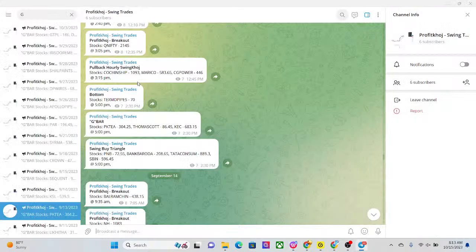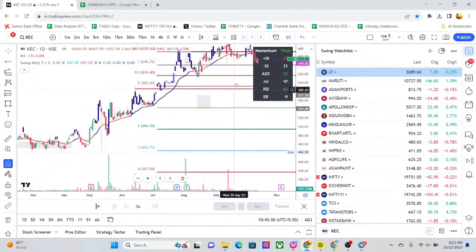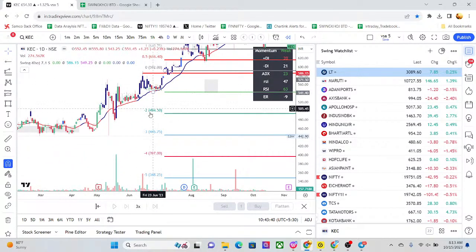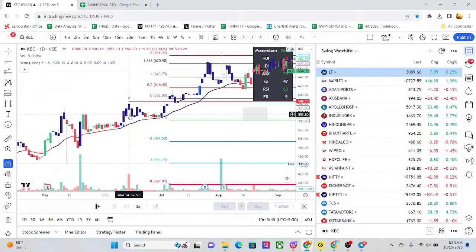Entry is valid. Yes. Why is the entry not valid? There's no close below the 20 EMA, right? And is it 15 days? From here, we'll count 1, 2, 3, 4, 5, 6, 7, 8, 9, 10, 11, 12, 13, 14, 15. 15th day we got entry.